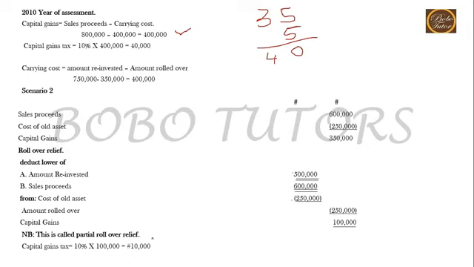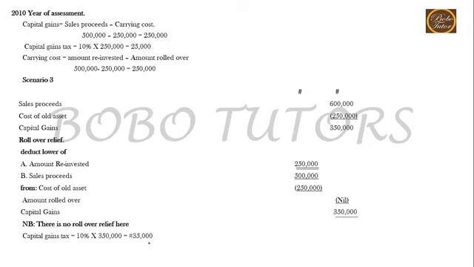So let's look at how to compute capital gains tax when they subsequently disposed of the assets under scenario 2. Remember I said sales proceeds minus carrying cost is the capital gains, or how to calculate capital gains tax on an asset that has previously enjoyed rollover relief. So 500,000 minus 250,000.